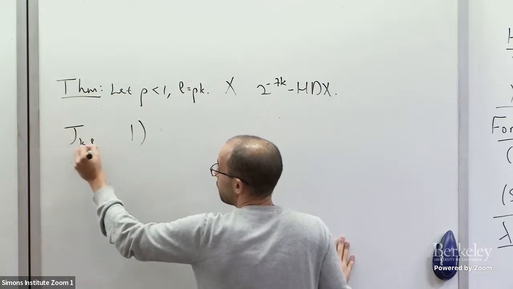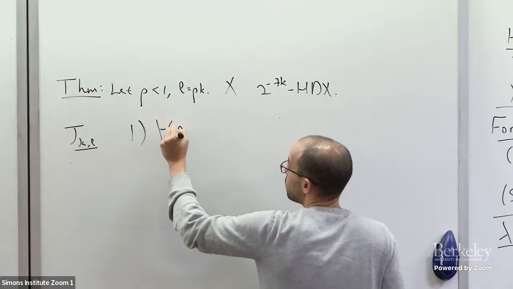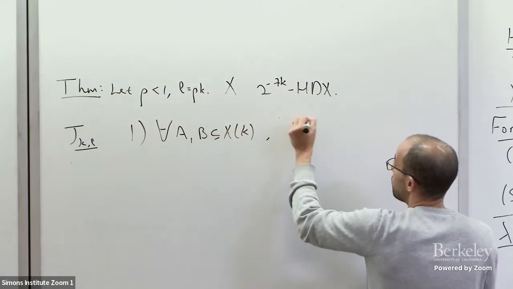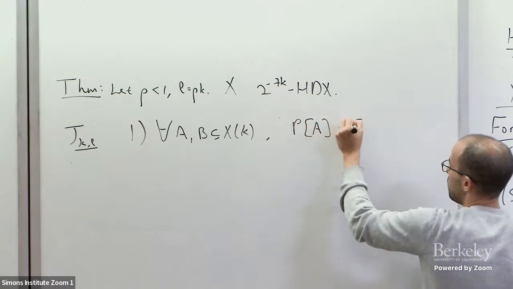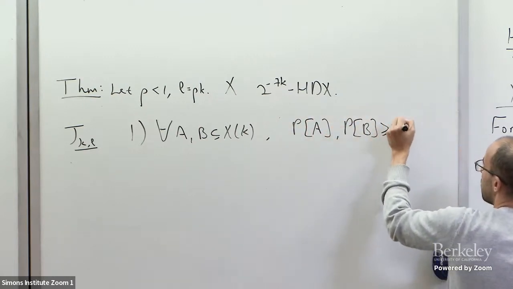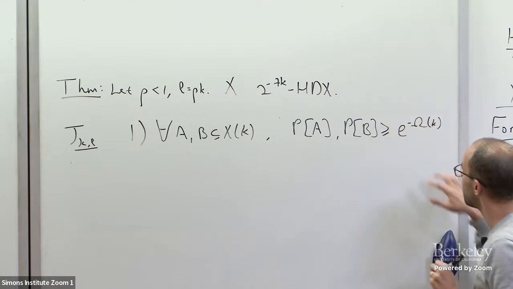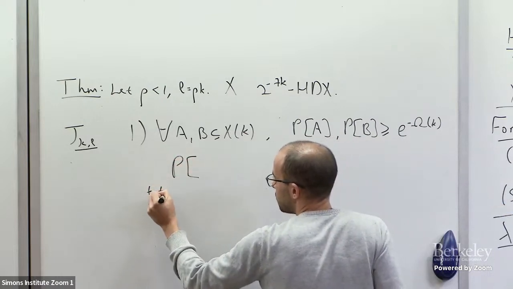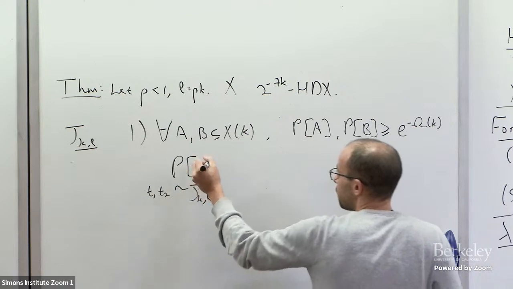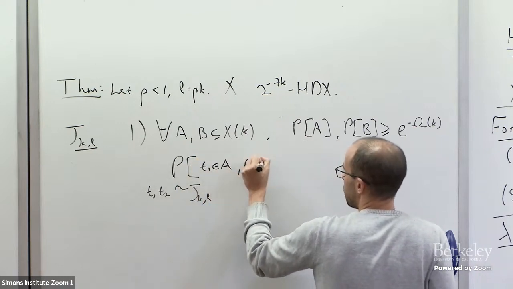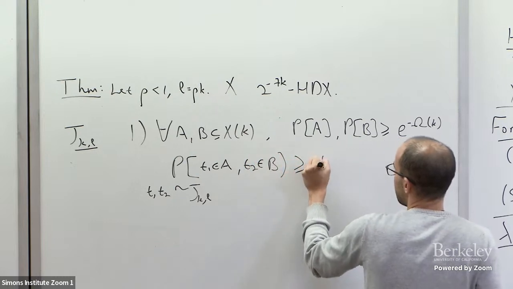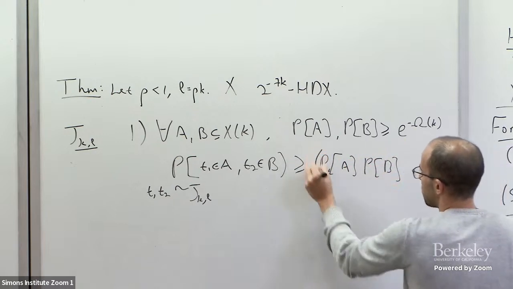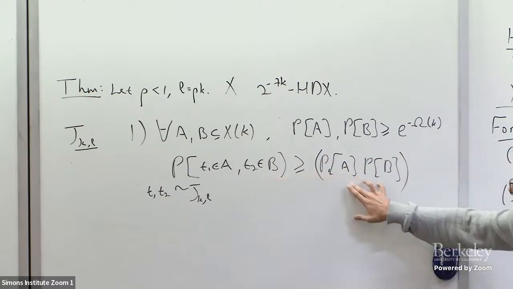For the first graph, we have that for every two subsets of the vertices A and B, if the relative sizes, which I'll denote just the probabilities of A and B, are at least this exponentially small, then the probability of sampling an edge in this J_K^L graph such that one endpoint is in A and the other endpoint is in B, will be at least some small polynomial in the probabilities of A and B. So of course, if this was just a complete graph or something, I could just have maybe written this.